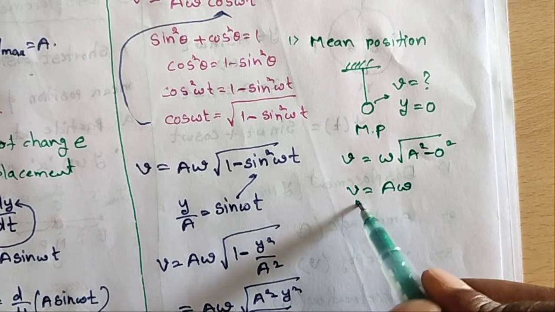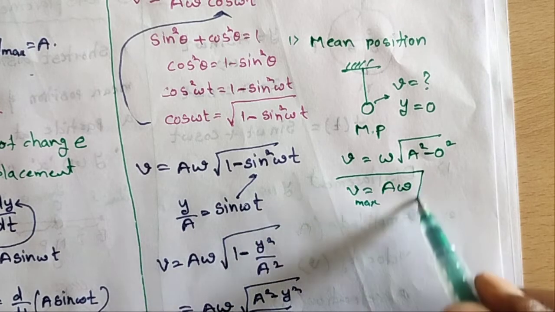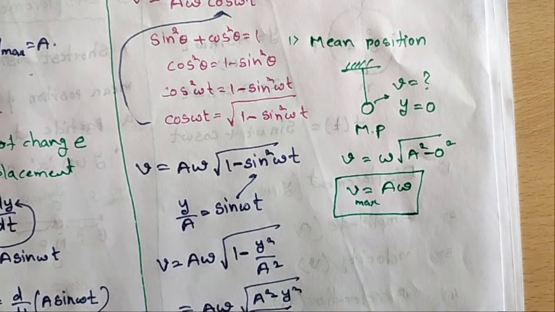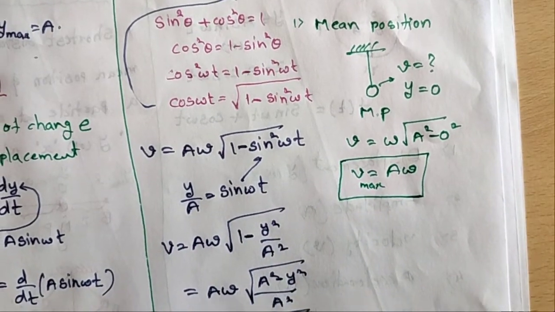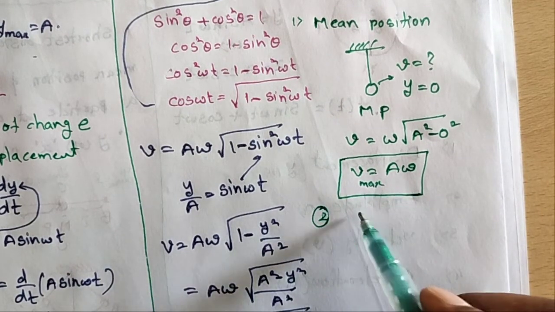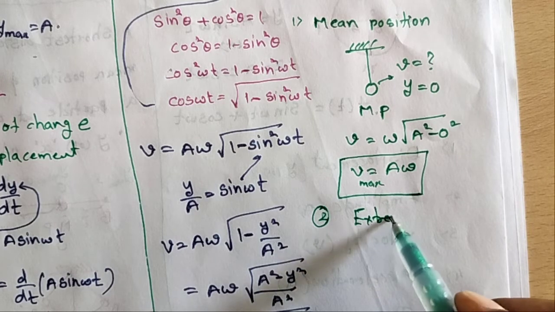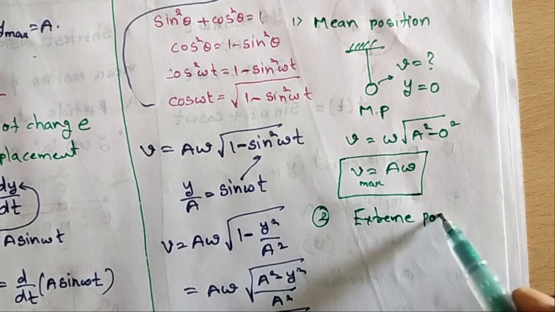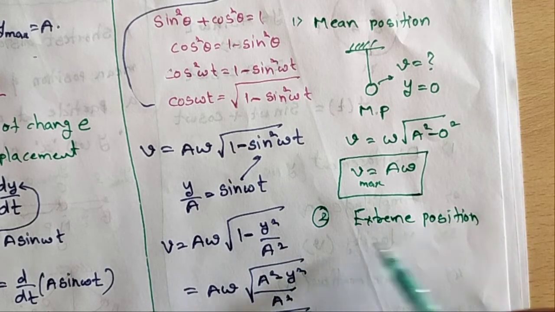So therefore at the mean position, v is maximum. At the mean position, what is the v maximum formula? a into omega. Second one, at extreme position. What is the velocity at the extreme position?